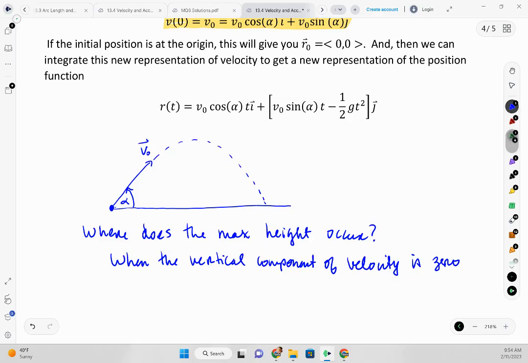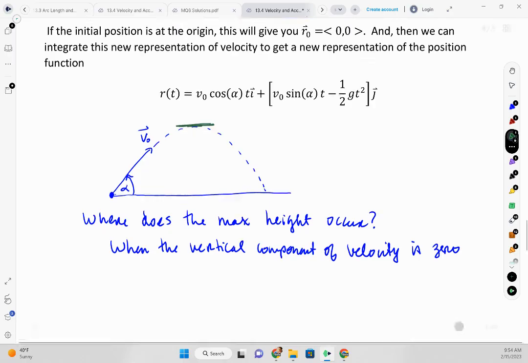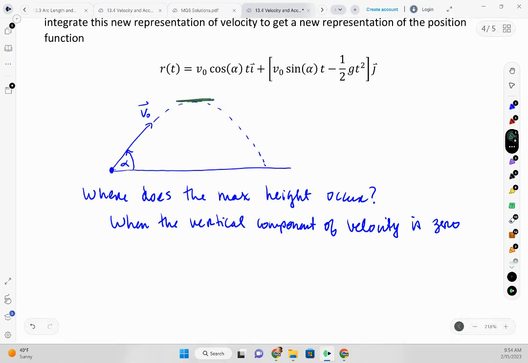So there'll be just this quick moment up here at the top, right? If this is our position function, at the top it has a 0 tangent, which means that the velocity vector has a 0 component for your vertical component. Another question that might come up is, where does the object land?